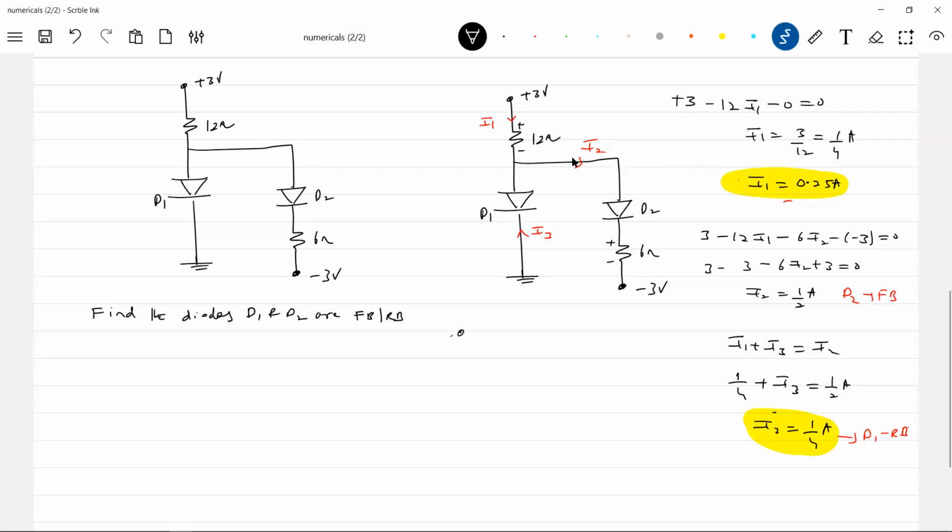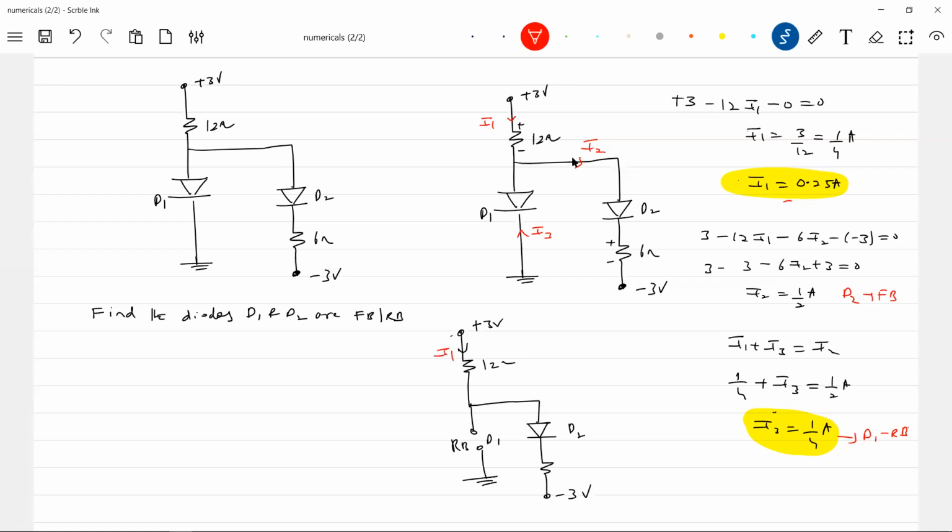Then what should you do? Follow the method: after putting this as reverse biased, come again. This is what actually happens in the circuit.